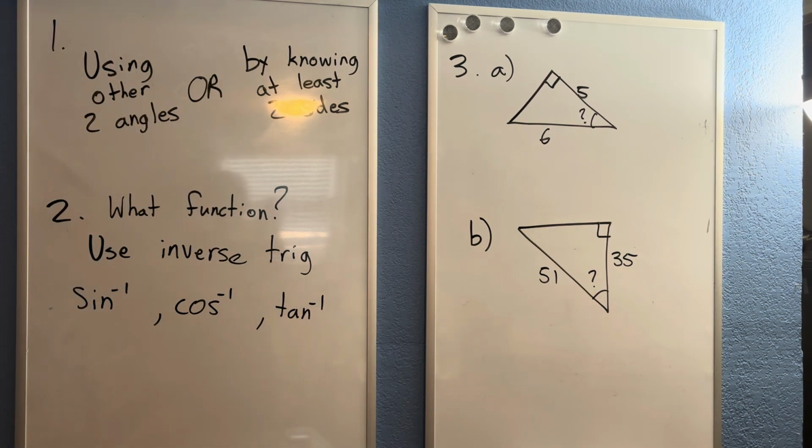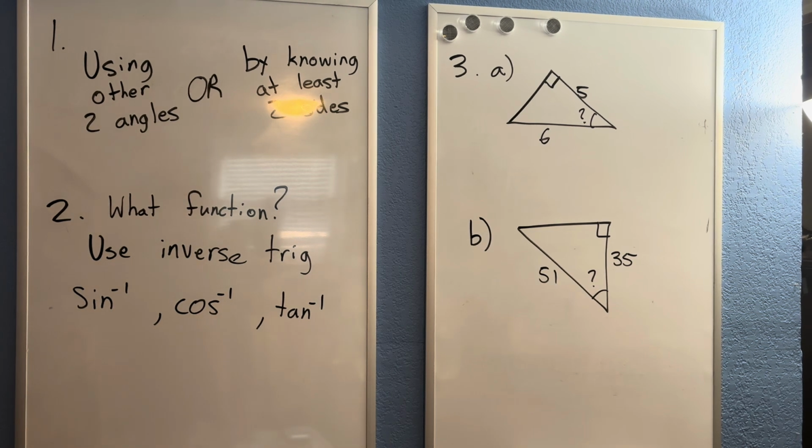Okay, so let's talk about setting those up. It's going to look a lot like how we set up the problems yesterday with the sides, but now we're solving for an angle, so we're going to do something slightly different to solve.